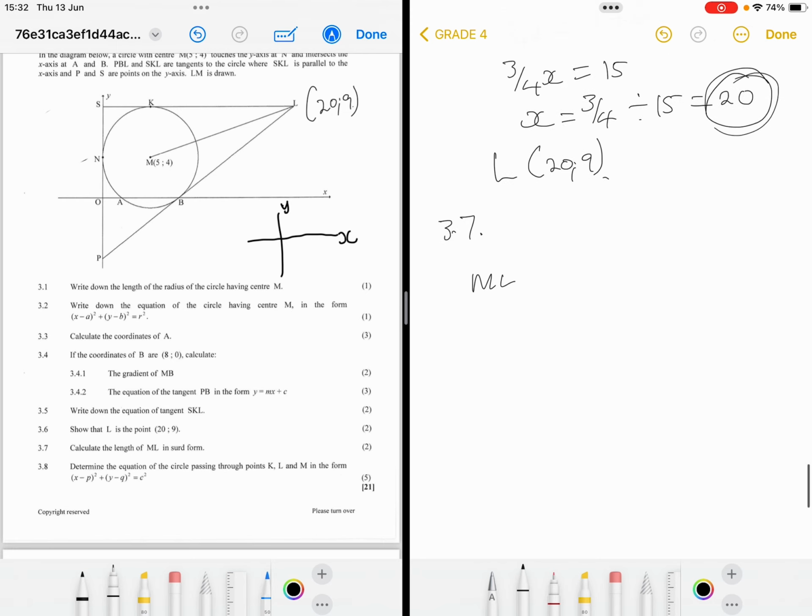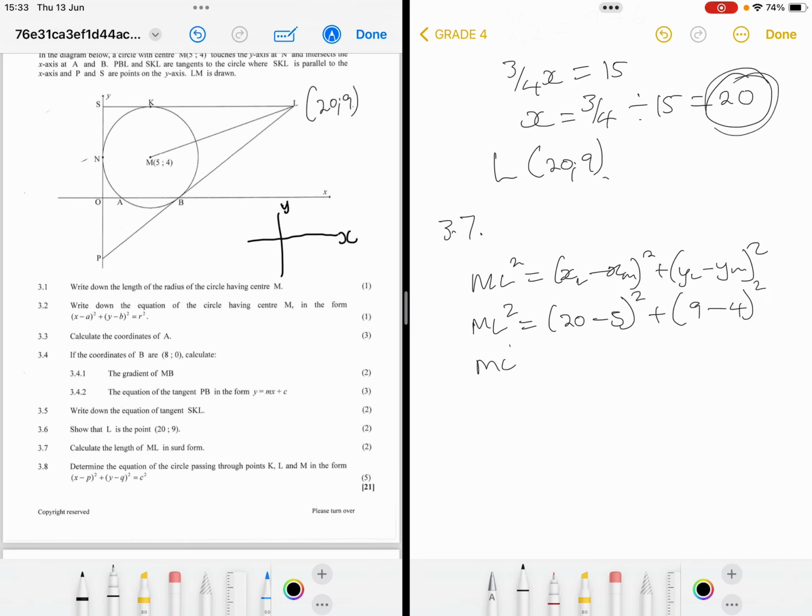You can say ML squared is equal to x at L minus x at M, squared, plus y at L minus y at M, squared. So now let's see. X at L is 20 minus x at M, which is 5, squared, plus y at L, which is 9, minus 4, squared.